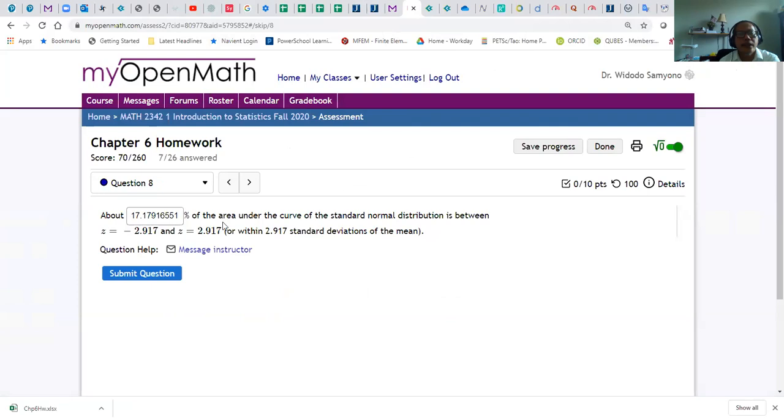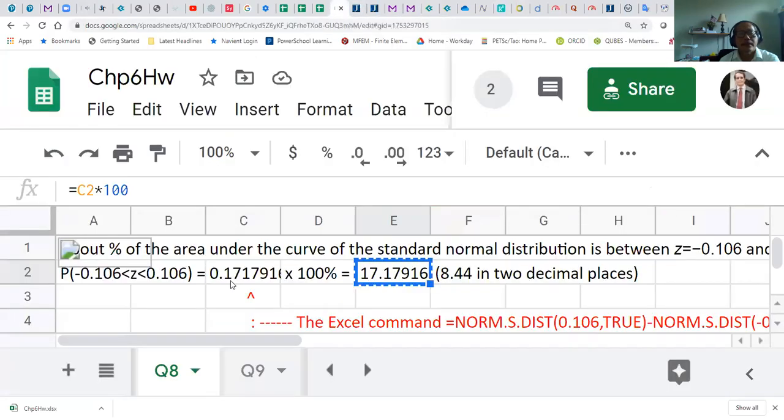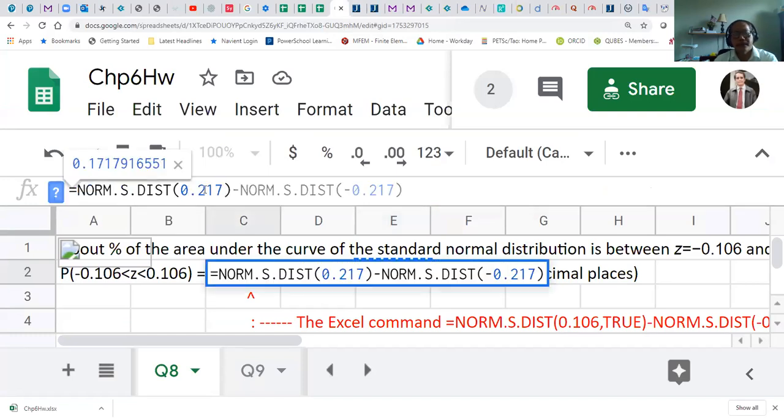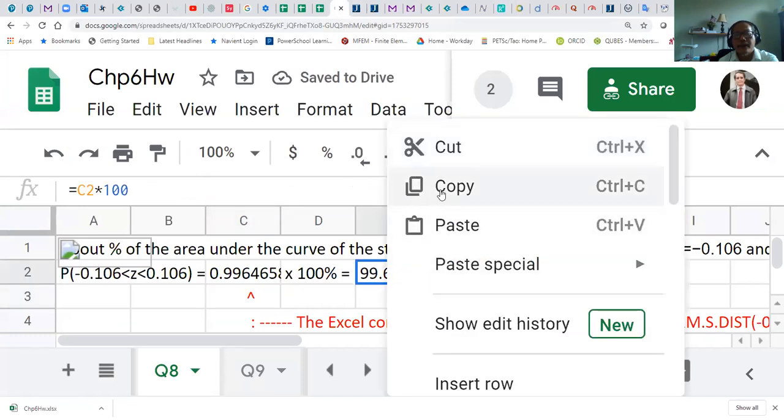It didn't say anything, so just copy and paste it, okay? Oops. Oh, sorry, negative 2.917. Okay. Sorry, so it should be 2.917. Negative 2.917. Okay, you can copy this and paste it.